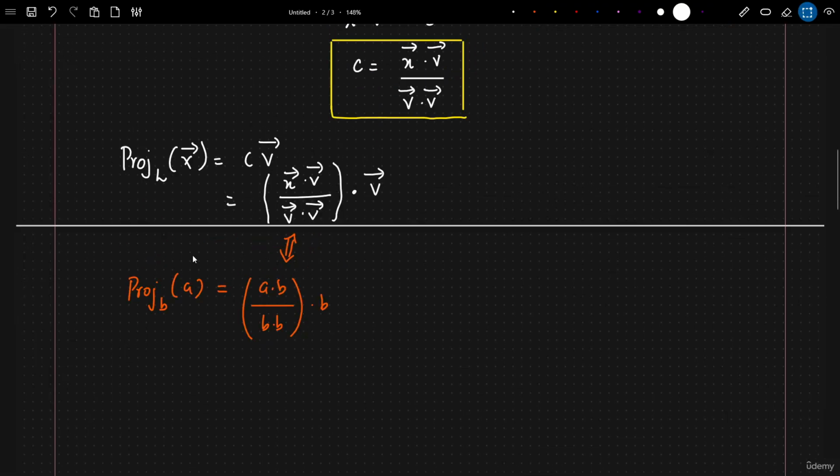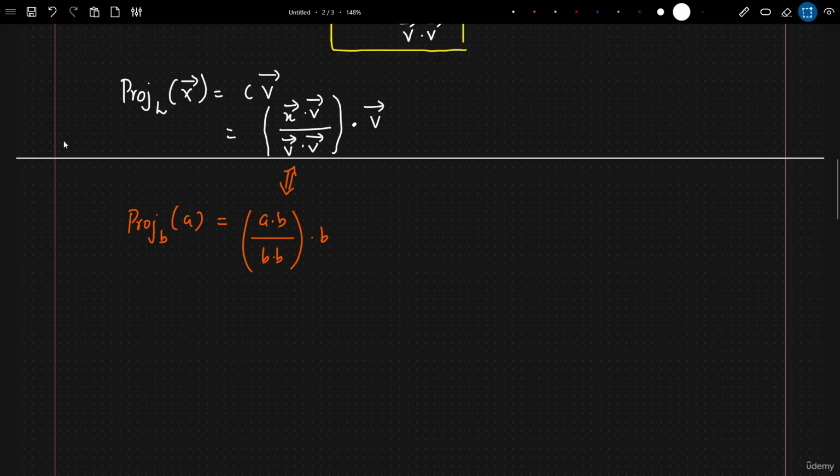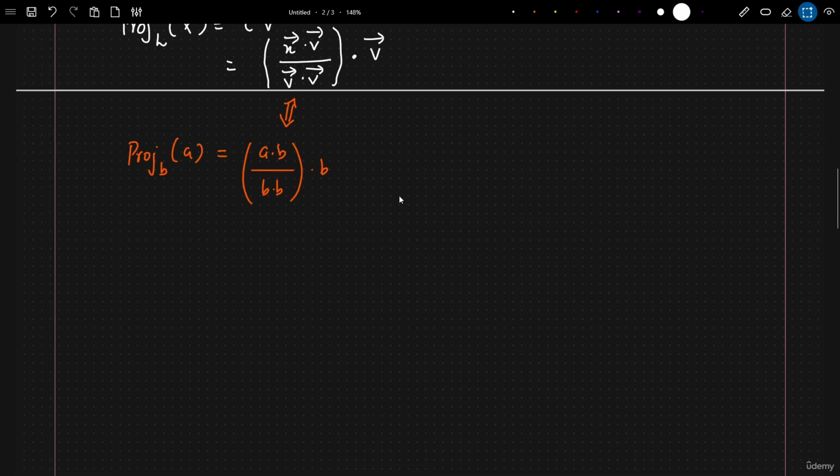So guys, now finally, I'm going to write this entire formula, which is how the projection of any vector onto a line L is given. Let me write it once again for you.